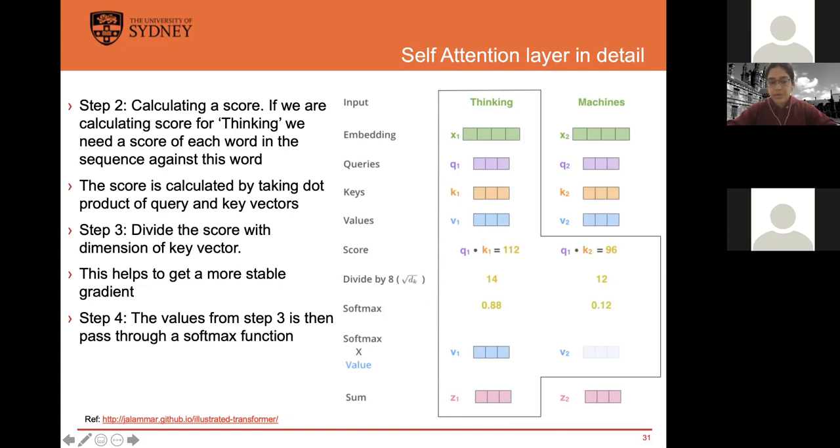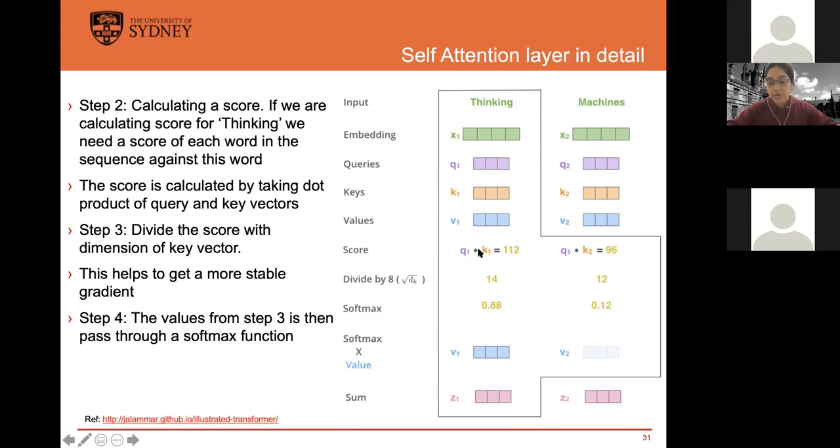This is done to help get more stable gradients. So you have this number. You have to make sure that this operation is done for every word. The operation shown here is only for the first word. So you get the score of thinking with each word in the sentence or sequence.